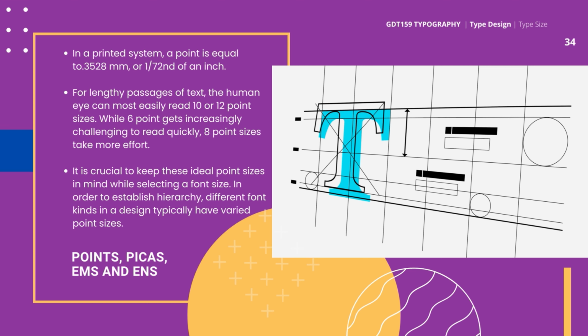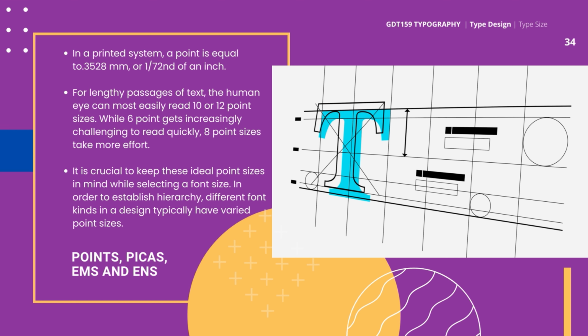In a printed system, a point is equal to 0.3528 mm or 1 per 72 of an inch. For lengthy passages of text, the human eye can most easily read 10 or 12 point sizes, while 6 point gets increasingly challenging to read quickly. 8 point sizes take more effort.